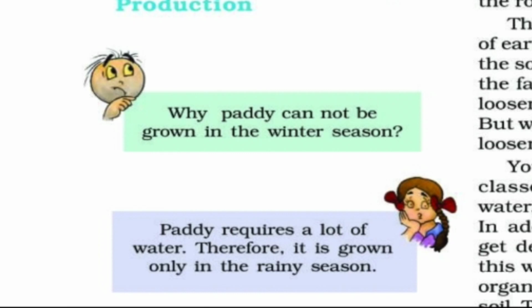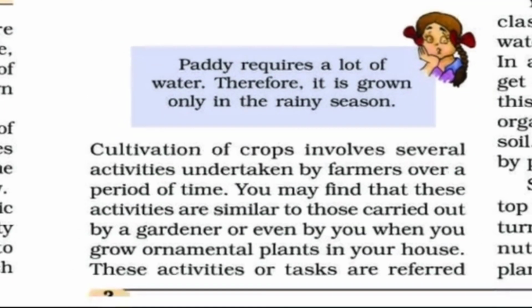Basic practices of crop production. Cultivation of crops involves several activities. Farmers actually work really hard over the whole period of time. You may find that these activities are similar to those carried out by a gardener. When you have a small garden, whatever activities you do with the ornamental plants in your house, in the same way the farmers also grow the crops.